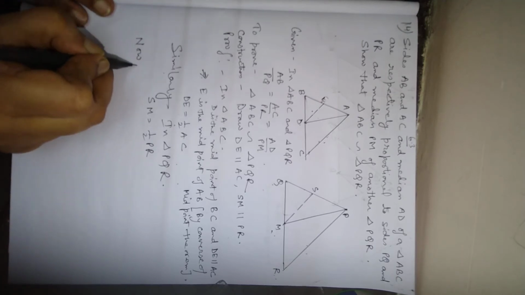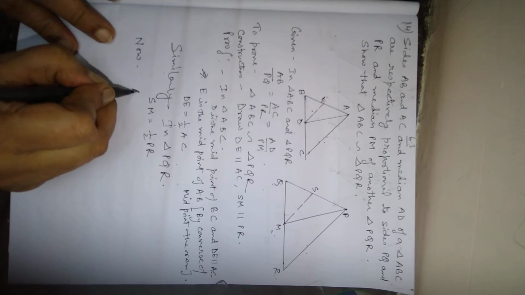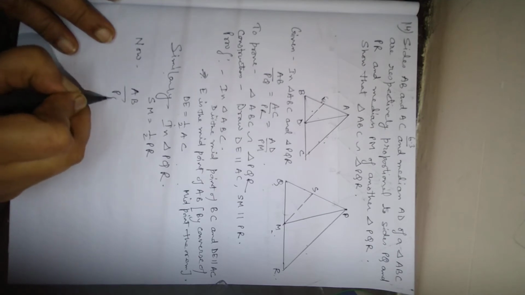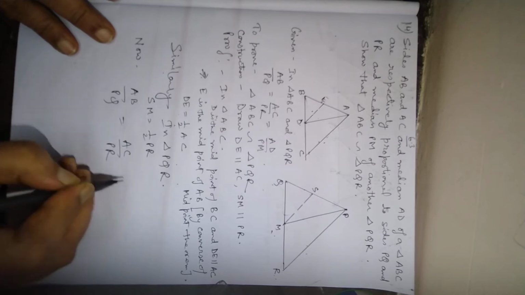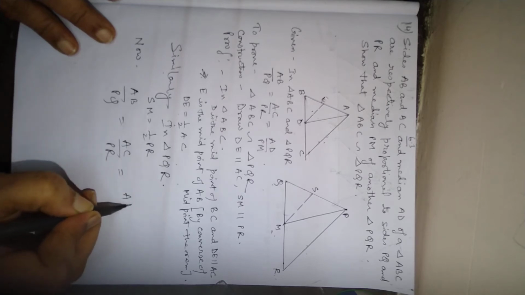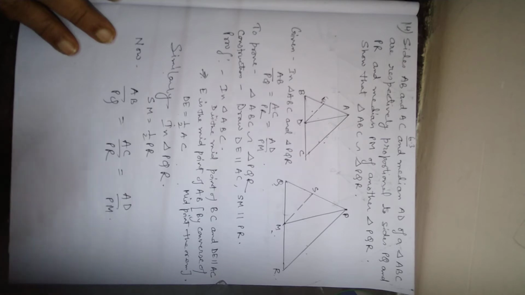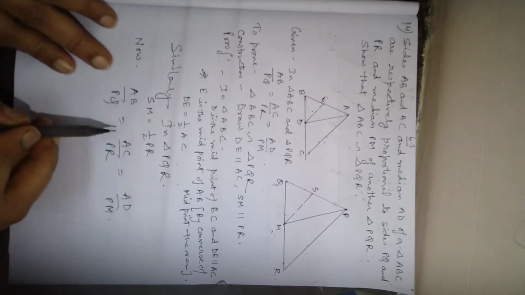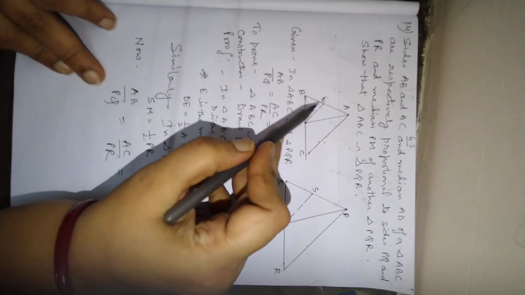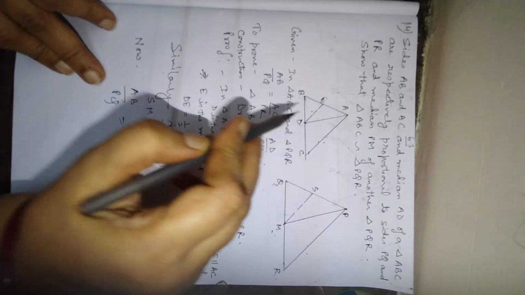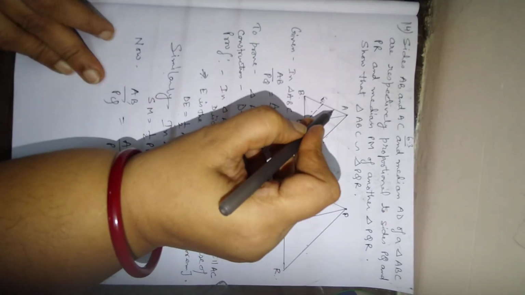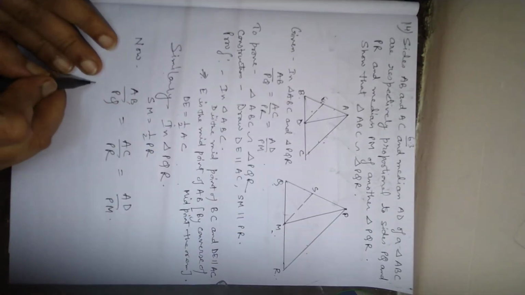Similarly, now what is given? Given is AB upon PQ equals AC upon PR equals AD upon PM. This is given. So in place of AB, E is the midpoint of AB, we have proved, so in place of AB we can write twice of AE.